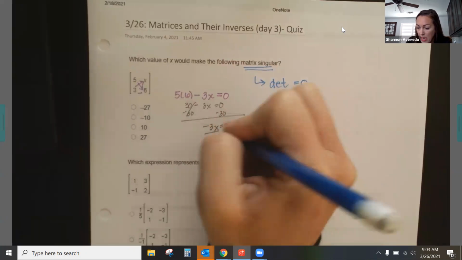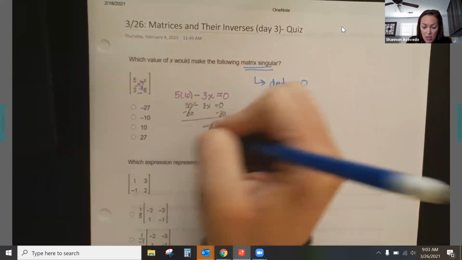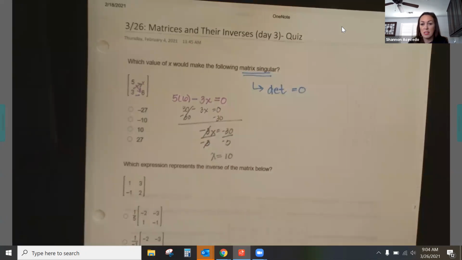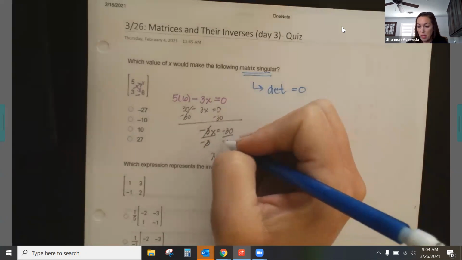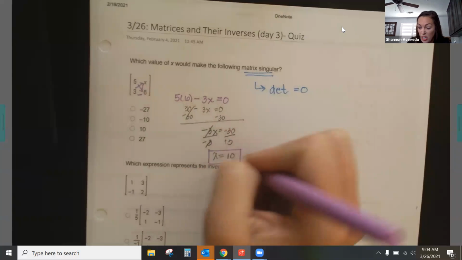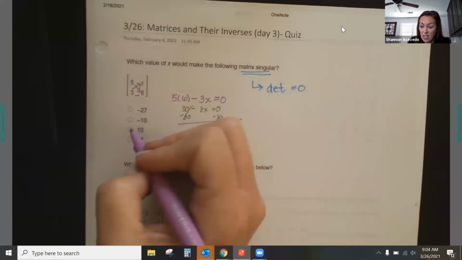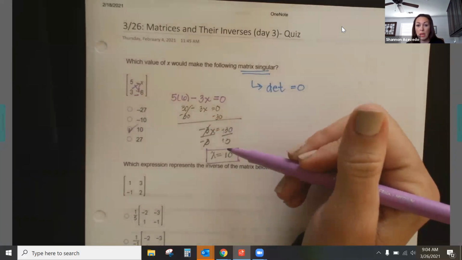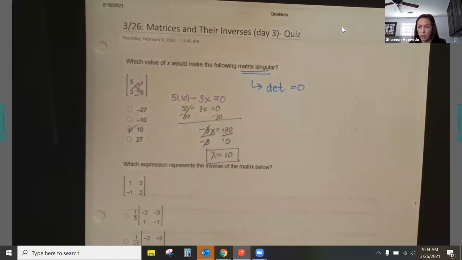Divide both sides by negative 3, and you end up with x is equal to 10. Done. A negative and a negative is going to make that positive, so it's a positive 10. Be careful because they try to trick you and they also have that negative 10. So it is a positive 10 because you had a negative 30 and you were dividing by a negative 3. Tricky, right? It's the little mistakes that will get you guys.